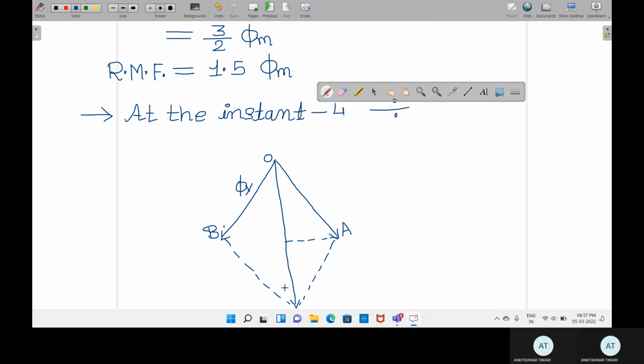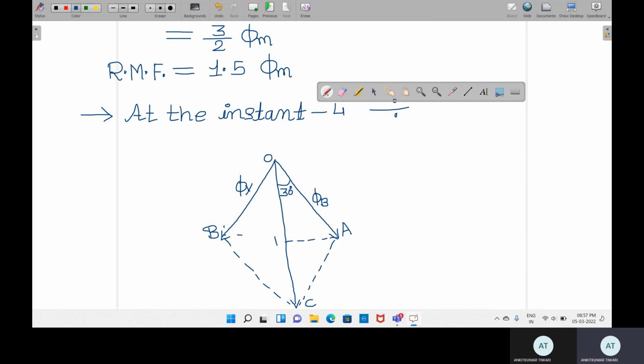OA vector, which is considered as a, this is phi y and this is phi b, which is negative. OA vector, which is negative, is denoted by phi b, and OB vector, which is in the positive half cycle, is denoted by phi y. Either I can consider it this way or that way. The total angle is 60 degrees, and the angle between OC and OA is 30 degrees.